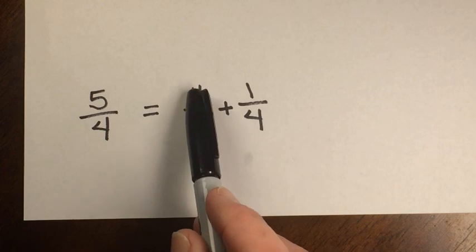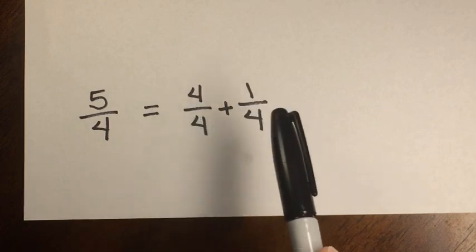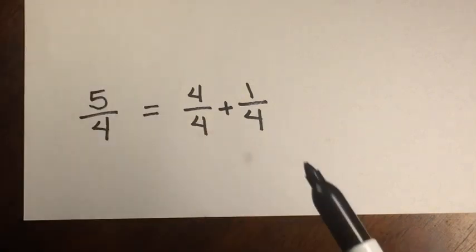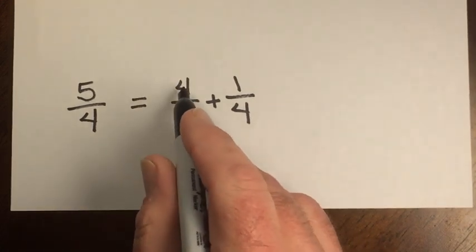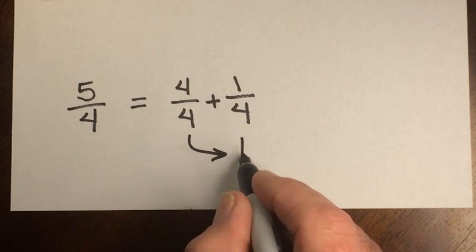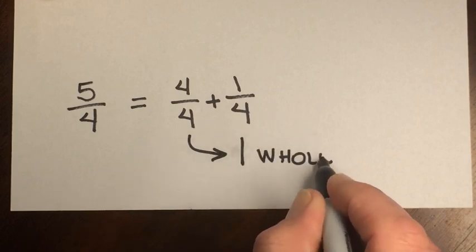That really means 4 over 4 plus 1 over 4. So 4 fourths plus 1/4 still makes 5 fourths. And most of us know when we get a fraction like that, 4 out of 4 is 1 whole group, 1 whole number, 1 whole.